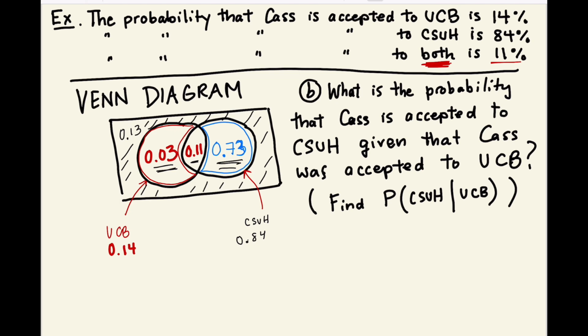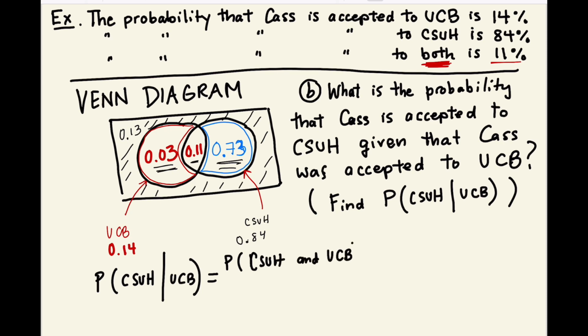In this case, we're going to use the conditional probability formula. So the probability of Cass being accepted to Cal State University Hayward given that Cass was accepted to UC Berkeley is equal to the probability that Cass was accepted to both, so Cal State University Hayward and UC Berkeley, divided by the probability that Cass was accepted to UC Berkeley.